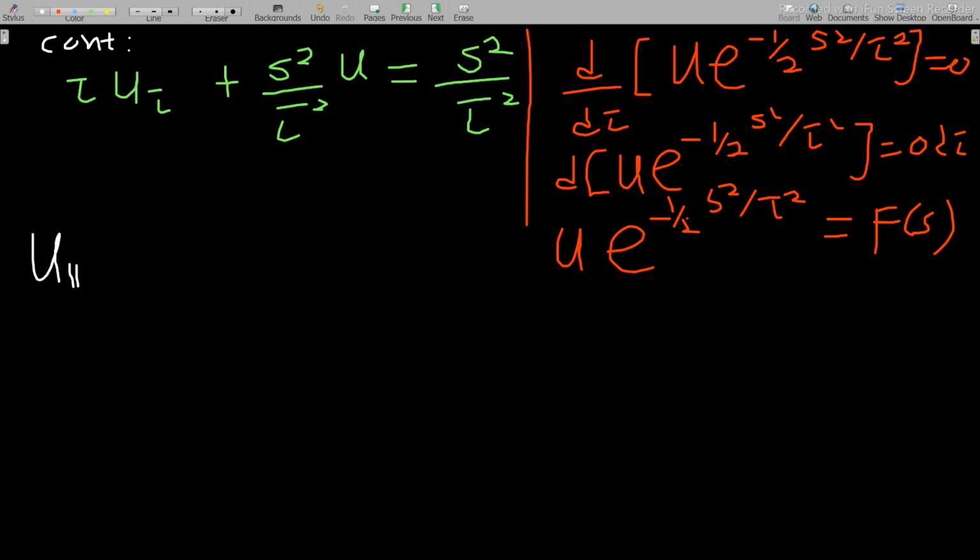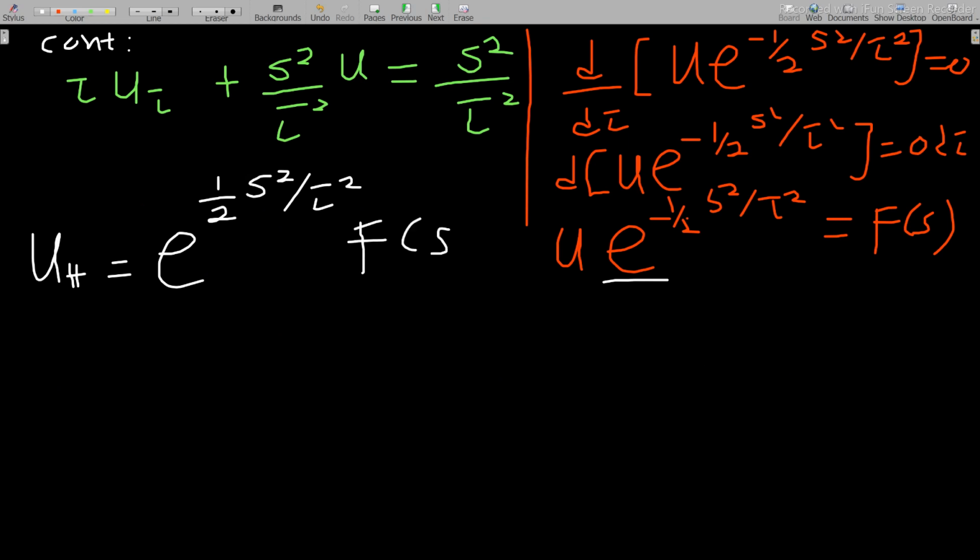The u homogeneous is actually equal to, now I divide through by this e to the power negative half s squared over tau squared, and I'll get e to the half s squared over tau squared times f of s. This is my homogeneous solution. Very simple. So I have to come back and write the solution for a particular solution.